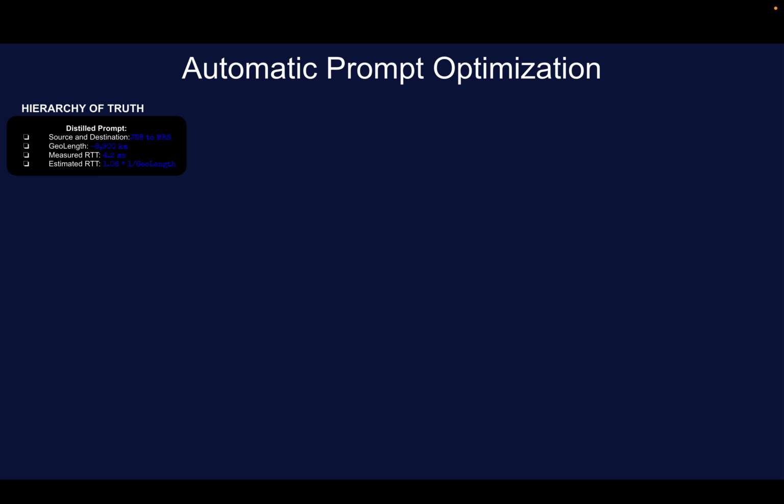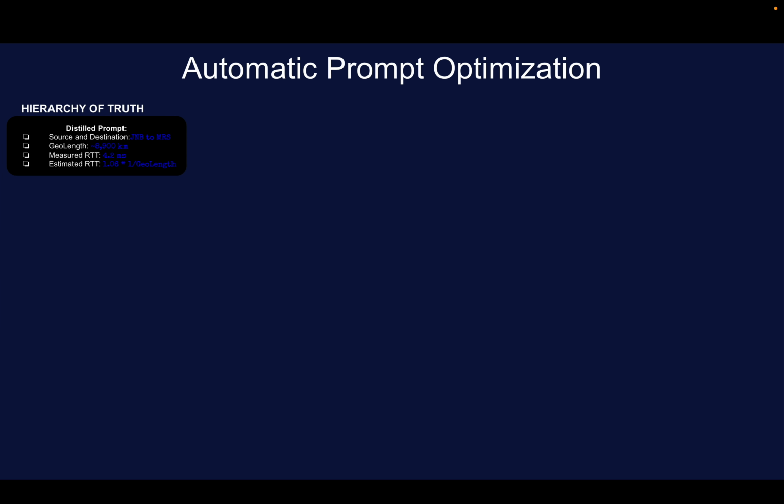What is the measured RTT that your system is measuring, which should be an immutable ground truth? And then what is the estimated RTT? This is an estimate based on the slack in the cable, and the slack could be different based on whether it's underground or subsea or both.